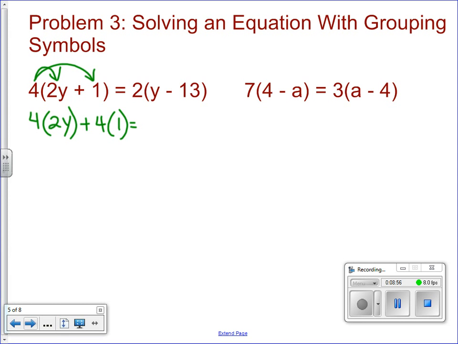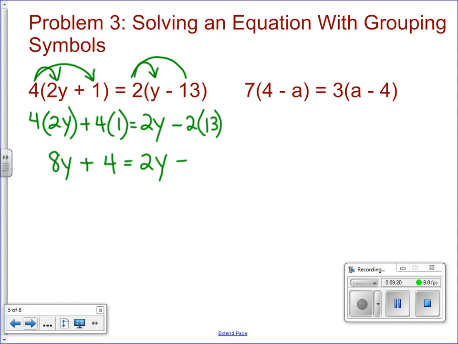On the right-hand side, we have to do the same thing. 2 times y is 2y minus 2 times 13. All right, and simplifying, 4 times 2y is 8y. 4 times 1 is 4. On the right-hand side, we have 2y minus 2 times 13 is 26.